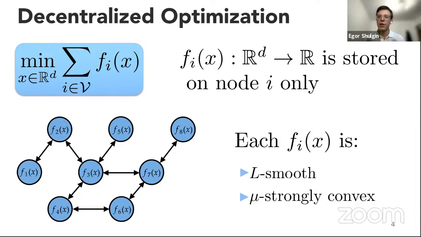In this case, it may be easier for these workers to communicate in a decentralized fashion. In fact, the distributed centralized case is just a special case of decentralized optimization when the graph is fully connected, when every node is connected to all other nodes in the network. In this case, the settings will be basically equivalent.